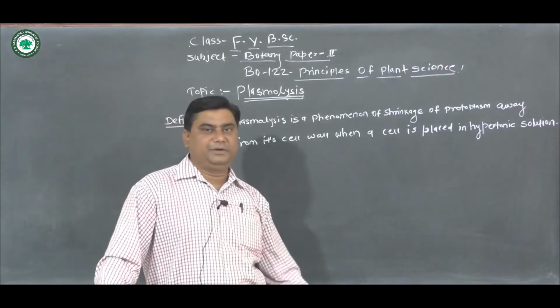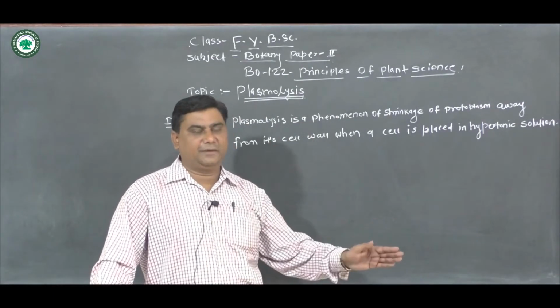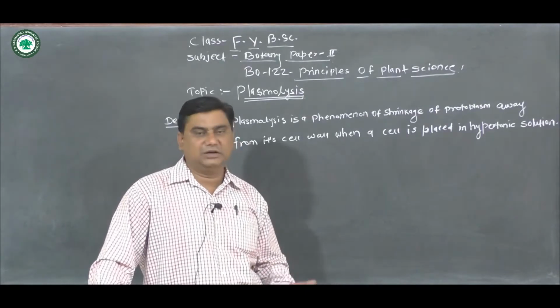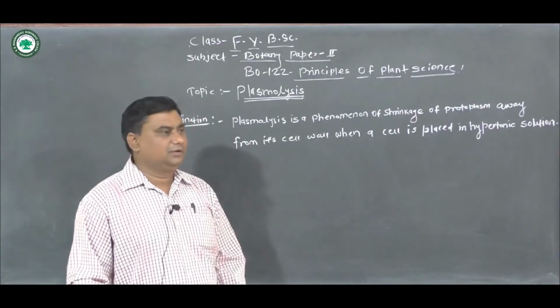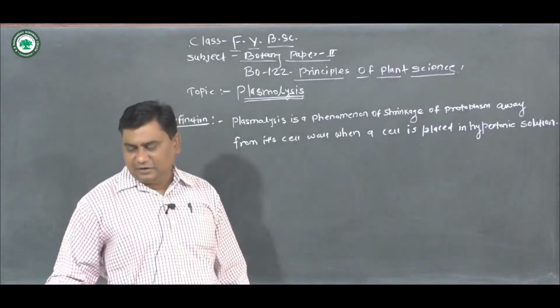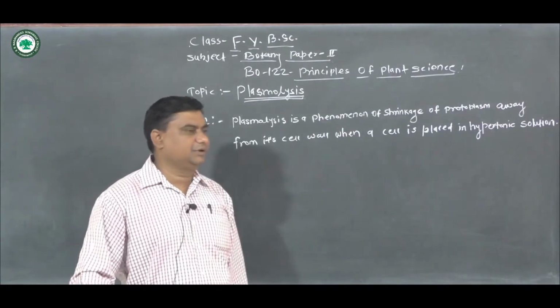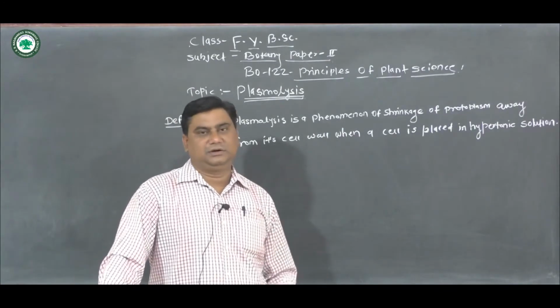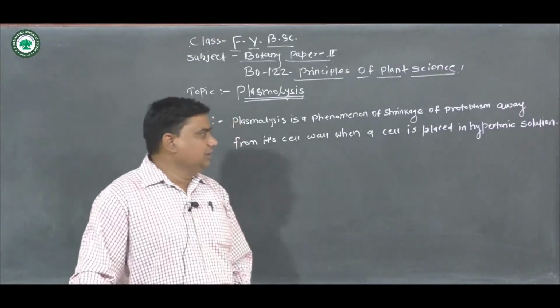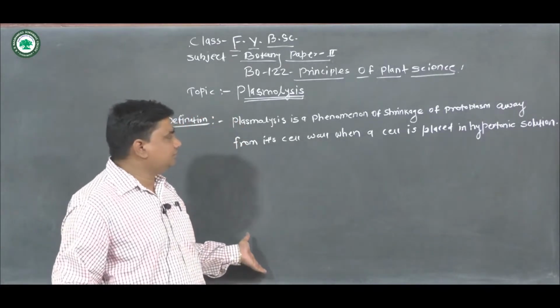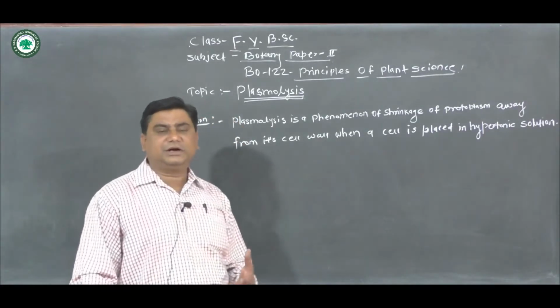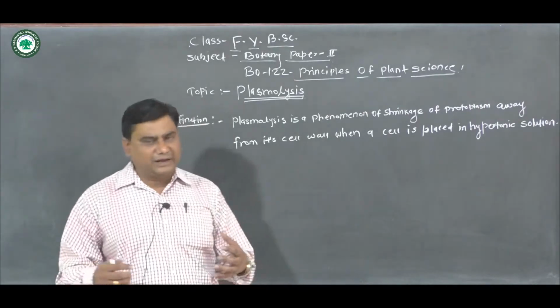In the previous video we had learned about solutions and types of solution, so these things also come in this video, that is hypertonic or hypotonic solution. So what is the concept of plasmolysis?